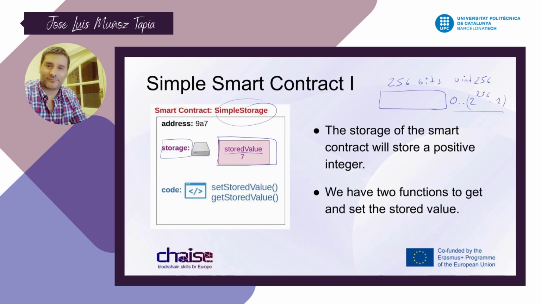Typically, the way of designing smart contracts is to think about what you want to store in the storage of the smart contract. This storage is persistent from one transaction to the next one, and then you design some functions to interact with the storage.